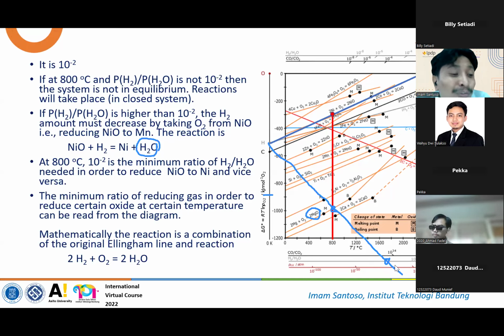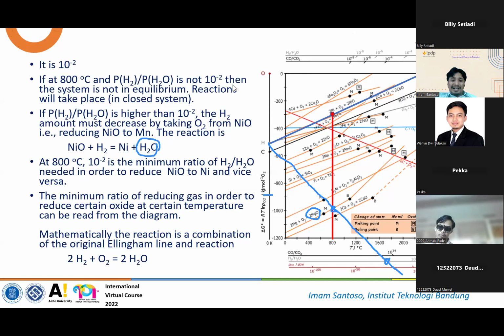It is now in equilibrium. So it is practically impossible. Nickel is okay, iron is okay, but for refractory oxide to be reduced with hydrogen is practically impossible, because the equilibrium ratio is this one. Very small amount of water, or almost pure hydrogen, nothing happens. Okay, guys?